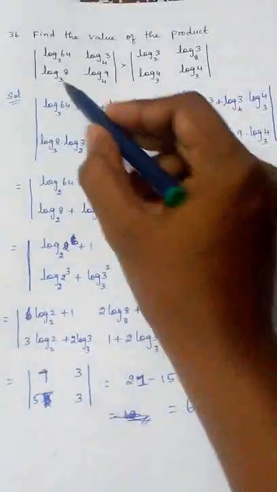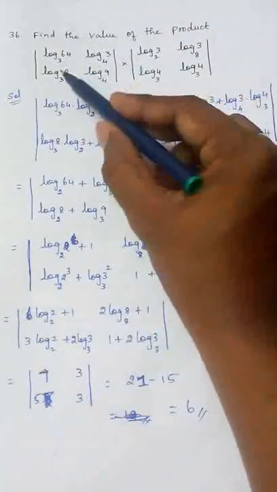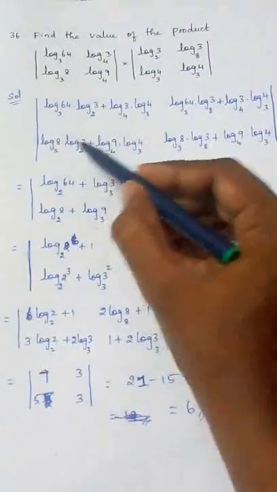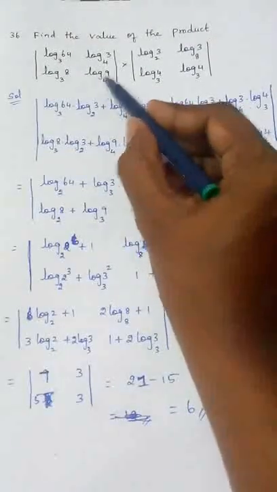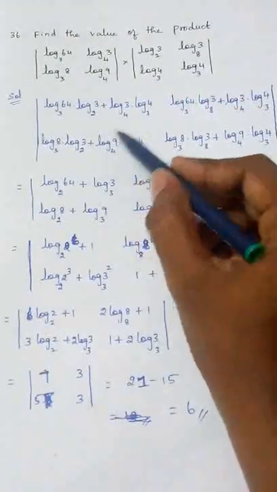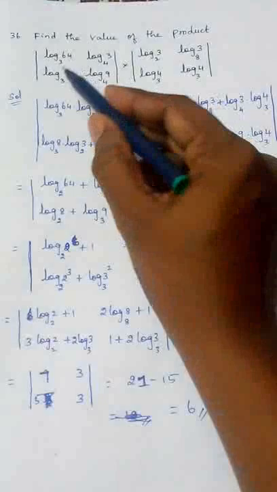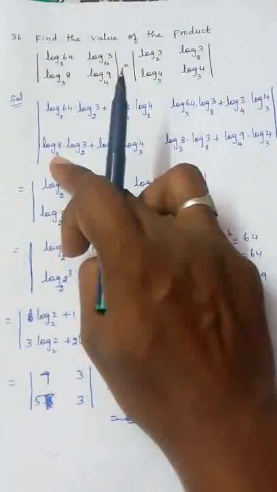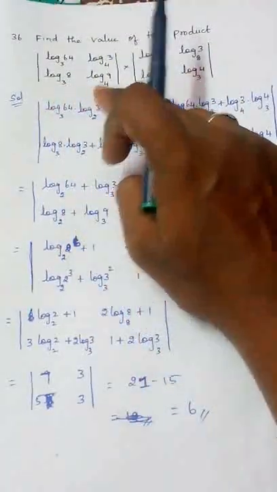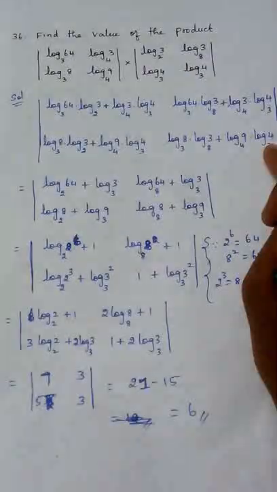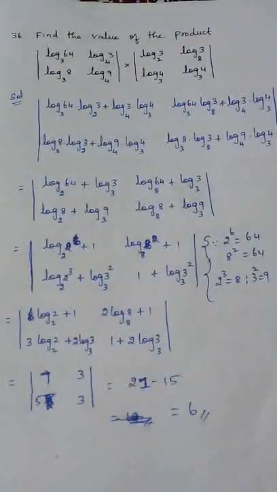In the same way, second row, first column, this element will combine with this, so these two come, plus this and this, combinedly written like this. Nothing else we are doing, just combining these two and these two and writing as it is. Similarly, second row, second column, you will get the last element.